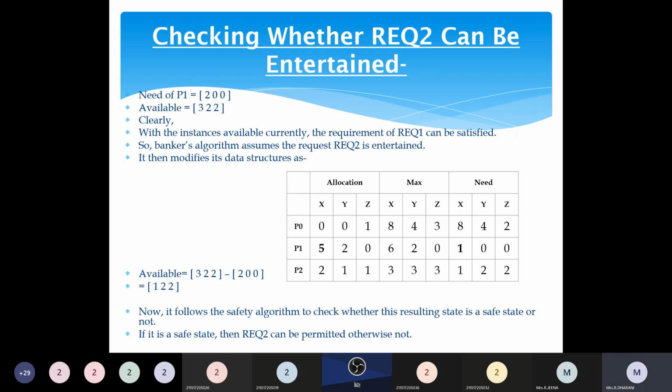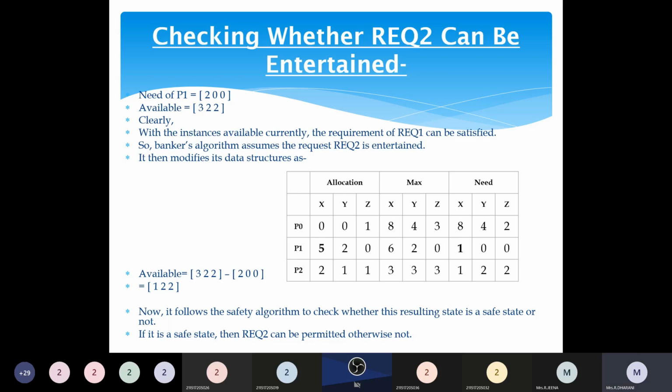Now, so now need of process one is 200. We are taking the P1 process now. Availability is 322. So clearly, with the instance available currently, the requirement of the request can be satisfied. So Banker's algorithm assumes that the request 2 is entertained.